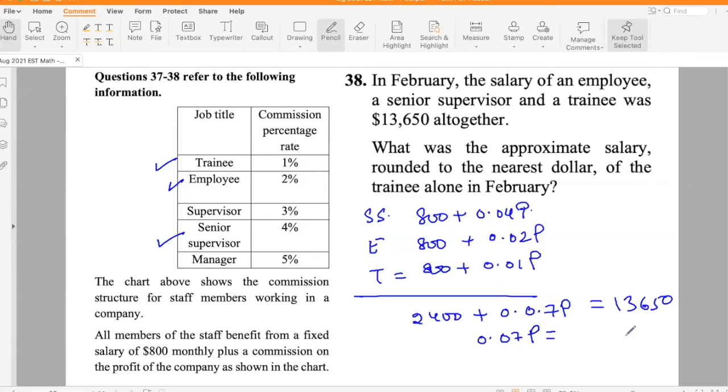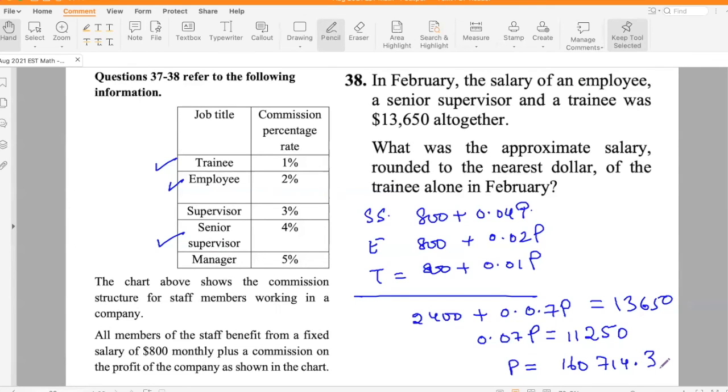So 0.07P is 13,650 minus 2,400, which is 11,250. So the profit for Feb was 11,250 divided by 0.07. So that's 16,714.3.